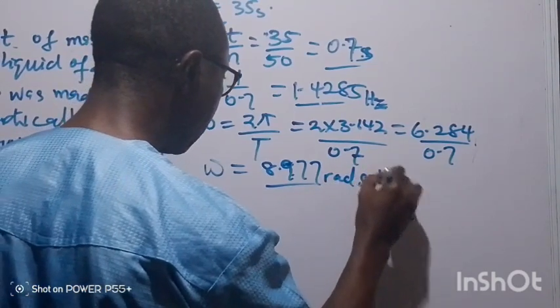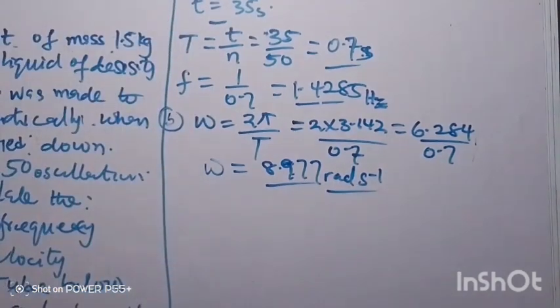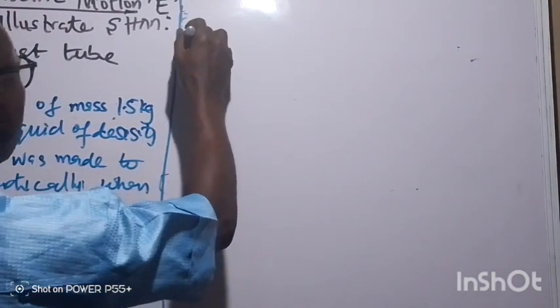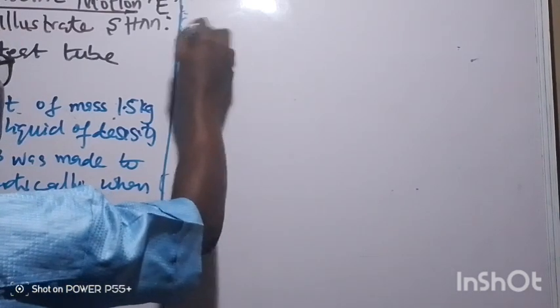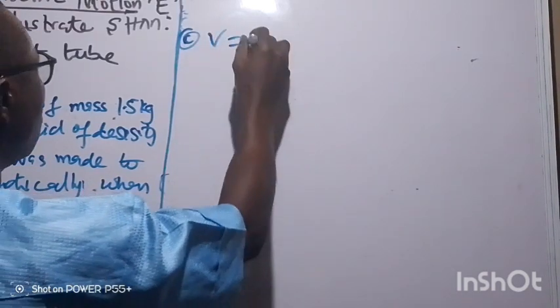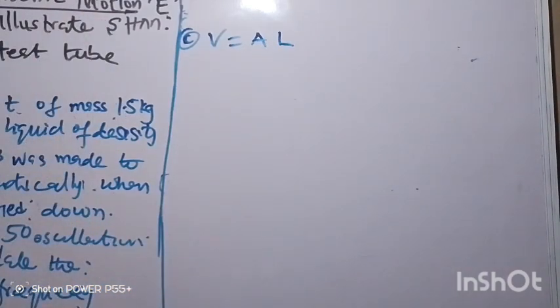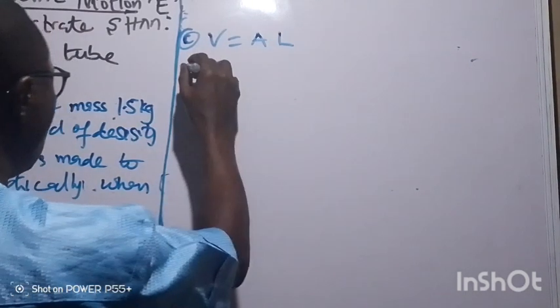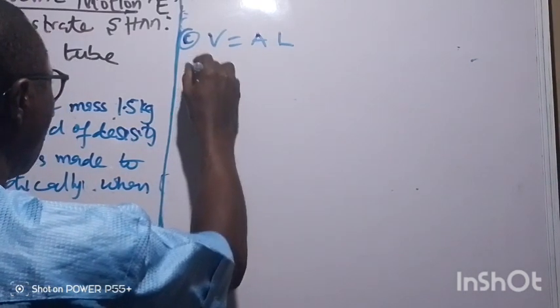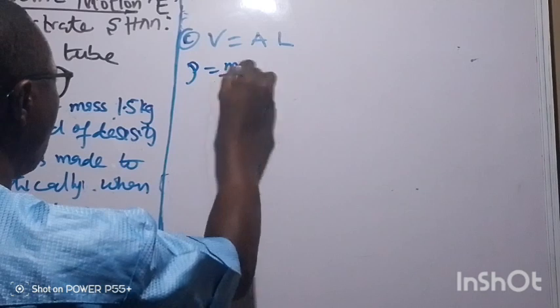Now, to calculate the length of the tube below the liquid surface, that's question C, volume is equal to area multiplied by length. Now both area and volume were not given. So let us calculate volume. From density, density is equal to mass over volume, so density times volume is equal to mass.